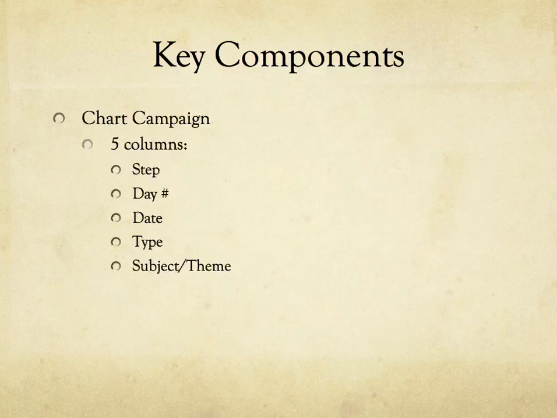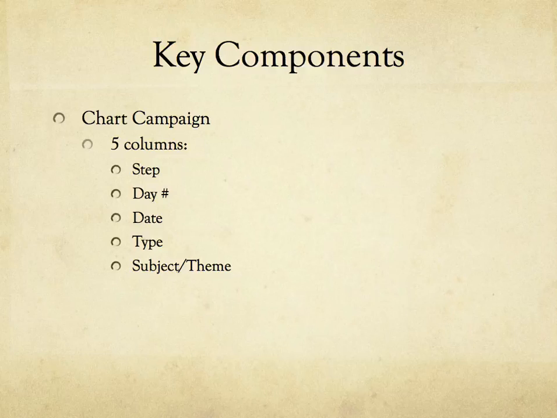And then the key components of your calendar is really basically, I just do it in Excel. I think it's really easy, but if you don't have Excel or aren't computer savvy, you can very easily just do this with a piece of paper or graph paper. I also am a big fan of graph paper, and create these columns.